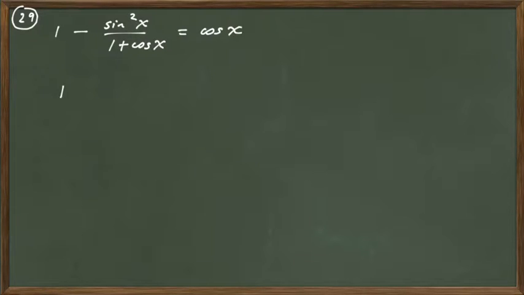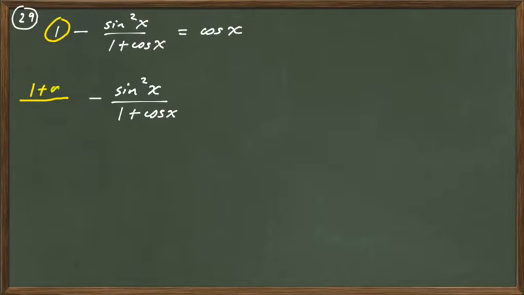So we have 1 minus sine squared x divided by 1 plus cosine x. If I wanted to add or subtract fractions, you would need a what? Common denominator. Can 1 be called 1 plus cosine over 1 plus cosine? Anything divided by itself is 1, is it not?